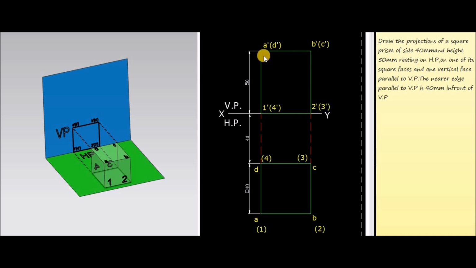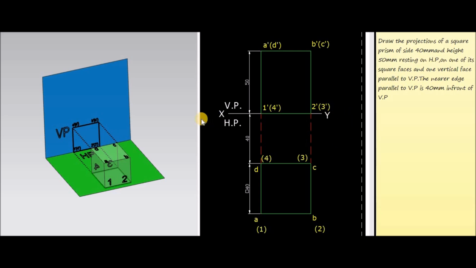Now join the points A dash, B dash, A dash 1 dash, B dash 2 dash, 1 dash 2 dash, and here 1 dash 2 dash, B dash, A dash will be the front view, and the back one has to be represented as 4 dash 3 dash C dash D dash. So this is the final two-dimensional drawing of the question.